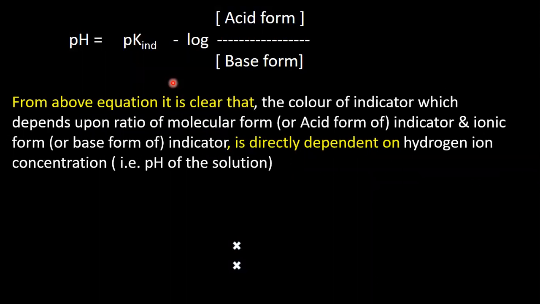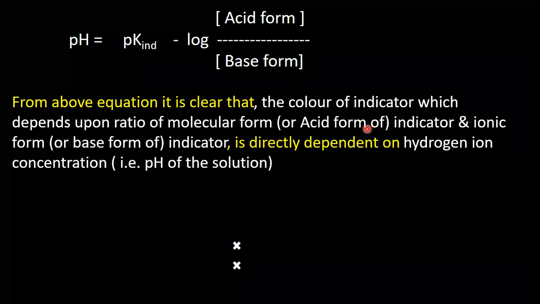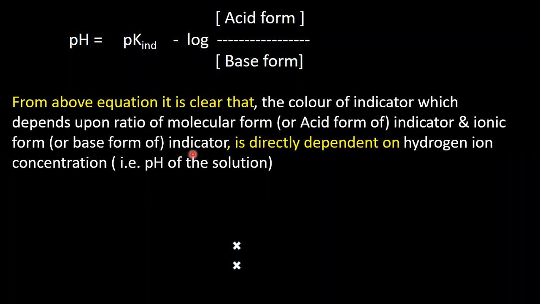From the above equation, it is clear that the color of the indicator depends upon the ratio of the molecular or acid form of the indicator to the ionic form of the indicator, and it is directly dependent upon the hydrogen ion concentration, that is, the pH of the solution. So when this ratio changes, the color of the indicator changes. Why does an indicator show color?